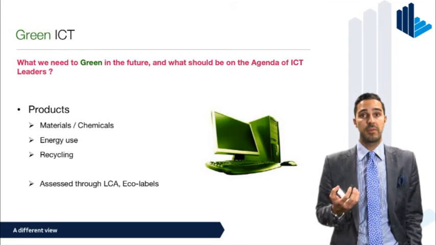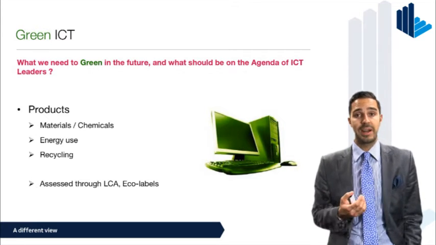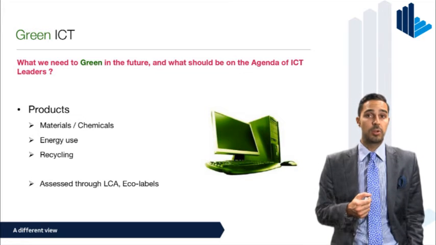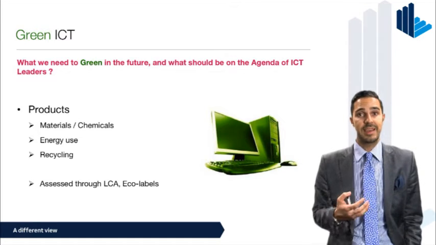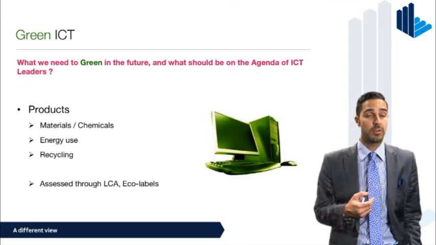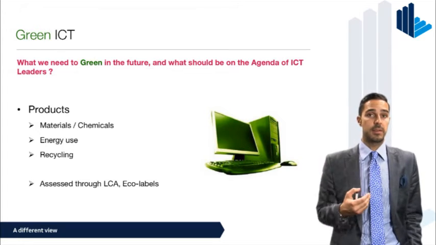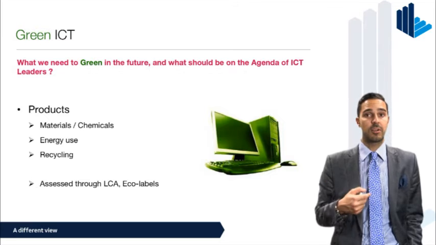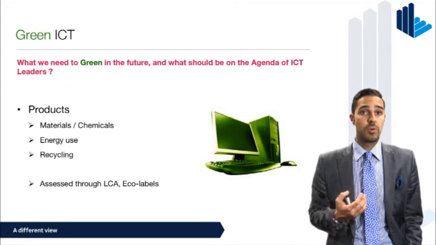Today there are a number of technologies to do that. The most common methodology is based on what is called the LCA studies. This means life cycle assessment studies, where all the impacts generated during the life cycle of the product are evaluated, and also eco-labels.